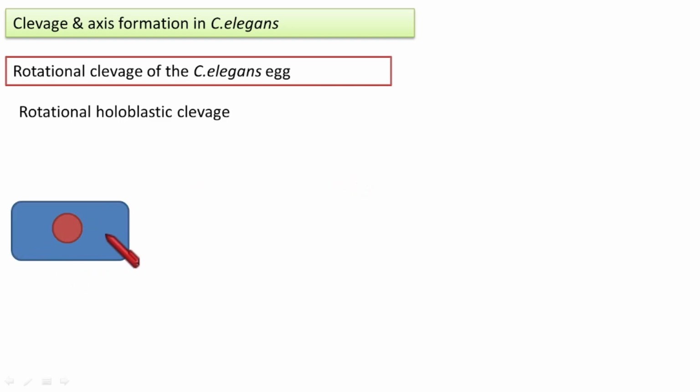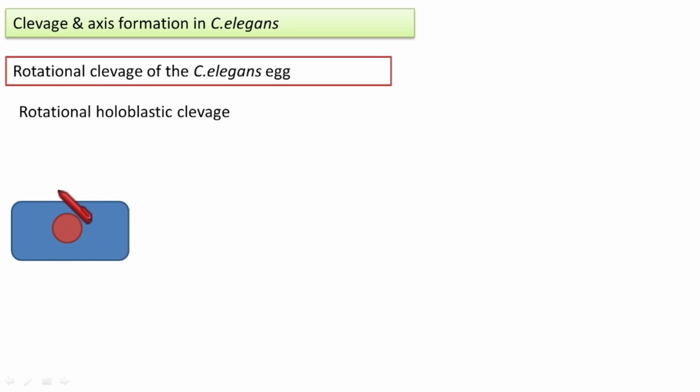This is the zygote that formed after fertilization in the case of C. elegans, and the first division is meridional, and it is also happening asymmetrically.